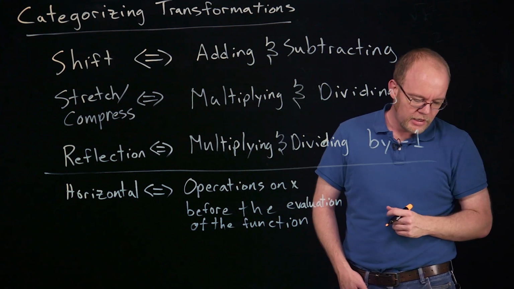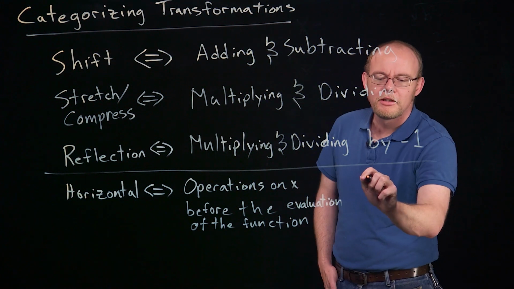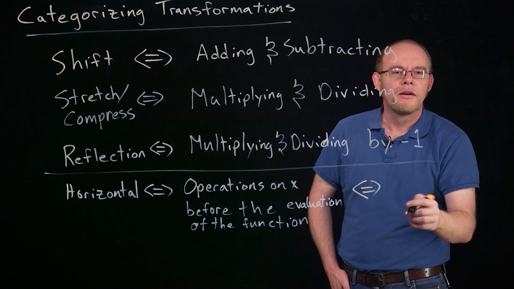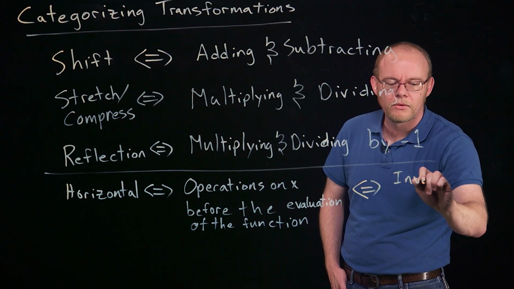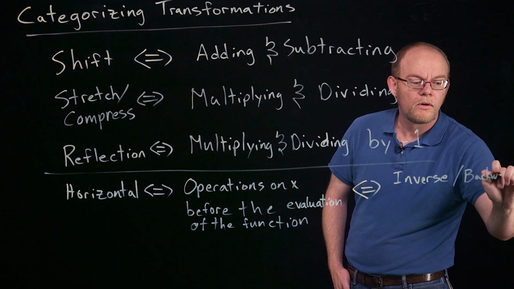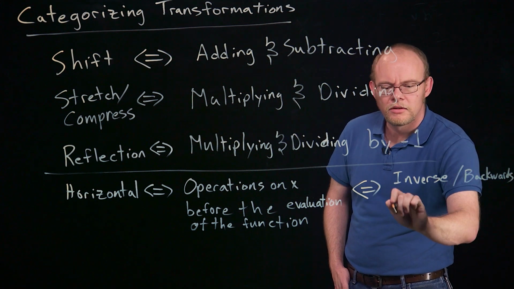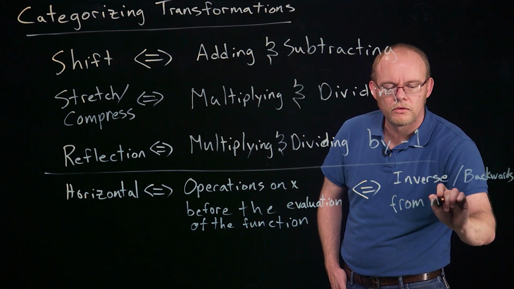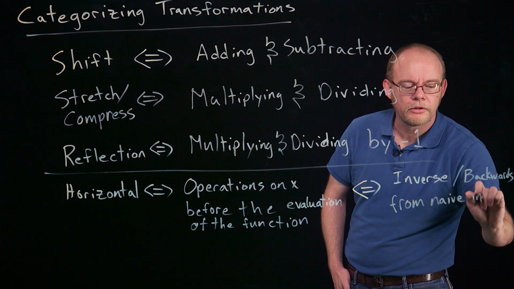Now, the other thing you should have noticed with horizontal transformations is they feel weird. They feel backwards, and that's because they kind of are. They're inverse or backwards from your naive intuition.